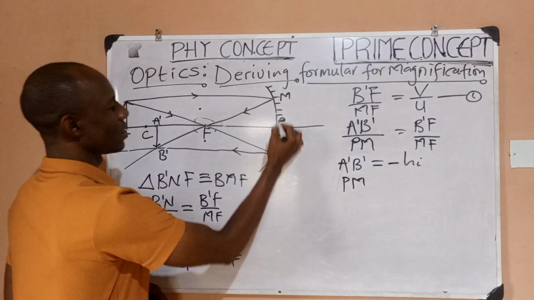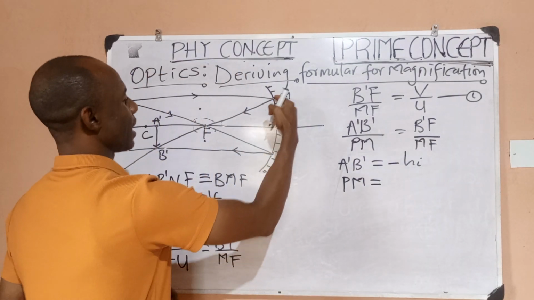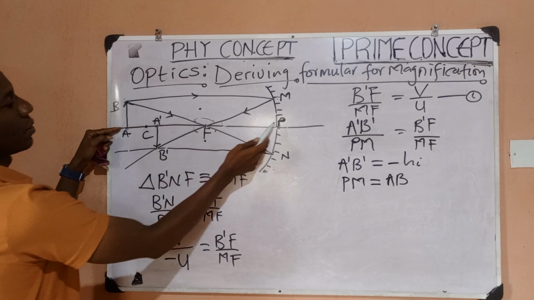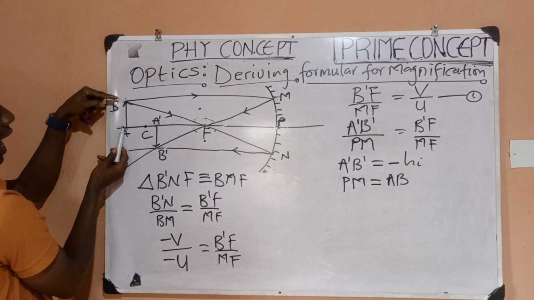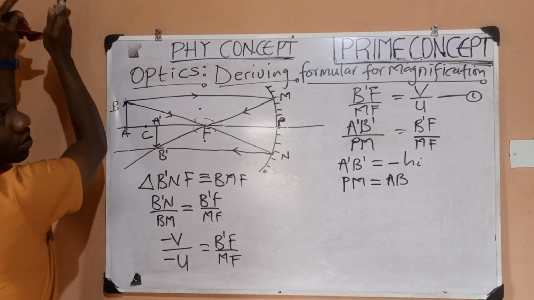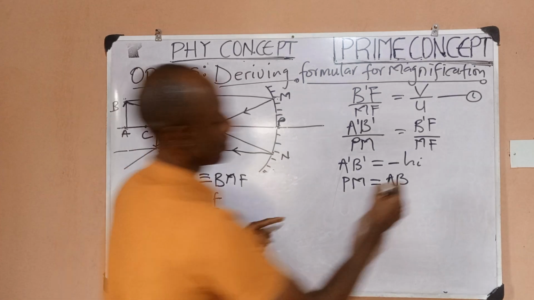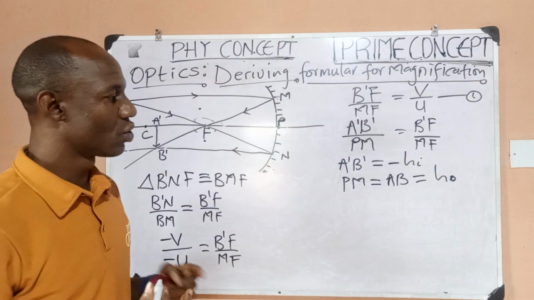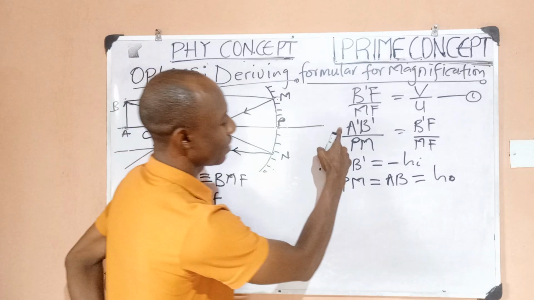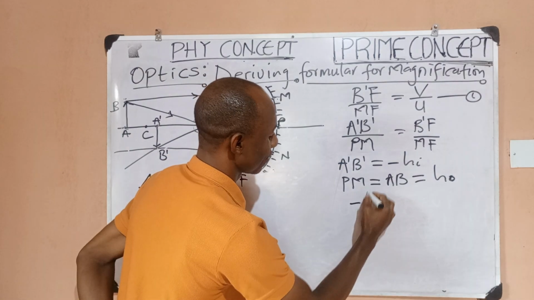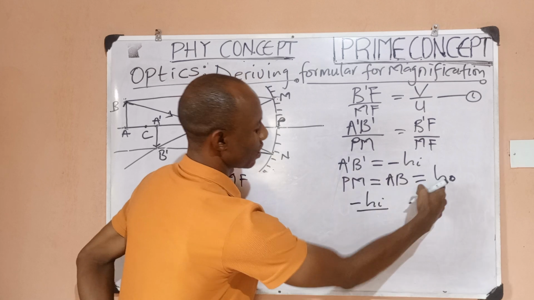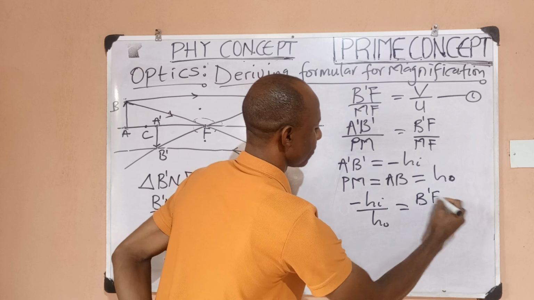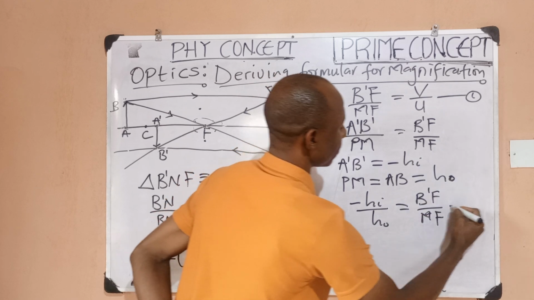PM is the same thing as AB, which is the height of your object, and because it is pointing up, it is going to be positive, so it equals hO. So I would have minus hI over hO, and this should be equal to B prime F divided by MF. This is equation 2.